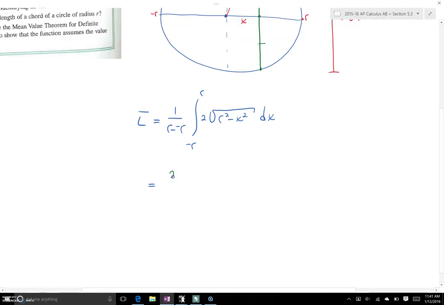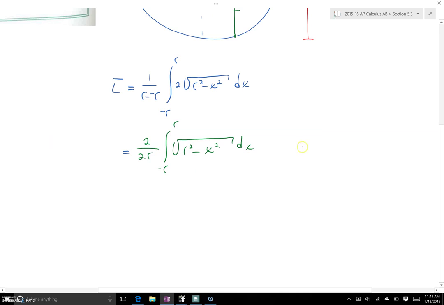So this is going to be 2 over 2r, the integral from negative r to r. Now, this integral represents an area from negative r to r, and the function that we're looking at is the top half of a circle. So this represents the area of a semicircle.